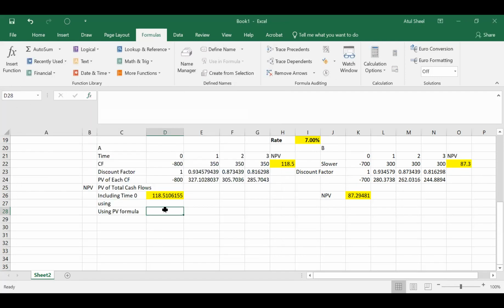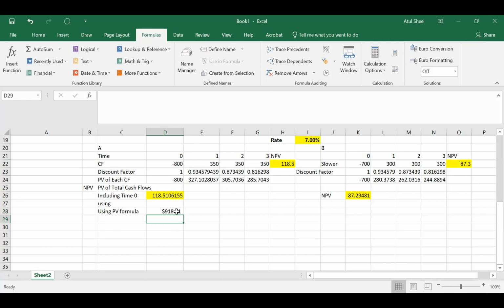So I go equals present value, and I take the present value of the same cash flow. What is the rate? My rate is 7%. I fix it at that. What is the NPER? Number of periods is 3 years. And what is the payment I'm making? It's 350, the same number. So this is the present value of cash flows for years 1, 2, and 3. There you go. It will spit out a negative number. You want to make it positive, you can make it positive like this.